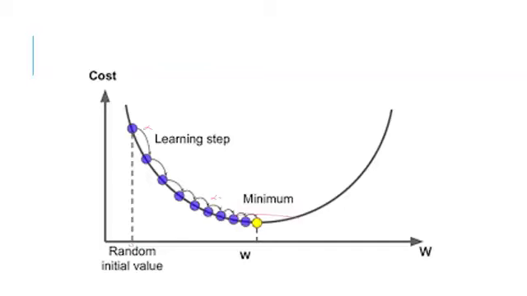So for example, if it is here and I'm taking a bigger alpha value, it may jump from this particular point to this particular point, and it may miss out this minimum point. And again, it may jump here, again, it may jump here. So it will keep jumping from one point to another, but it may not land on the exact minimum point if we are taking a larger learning step.